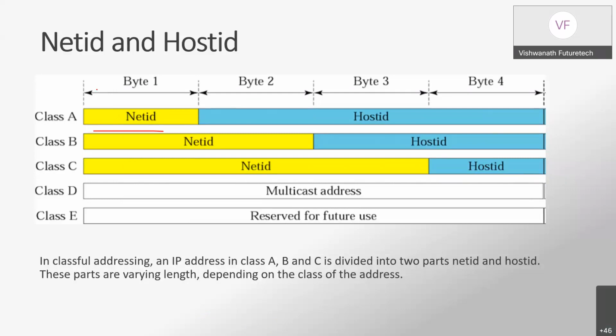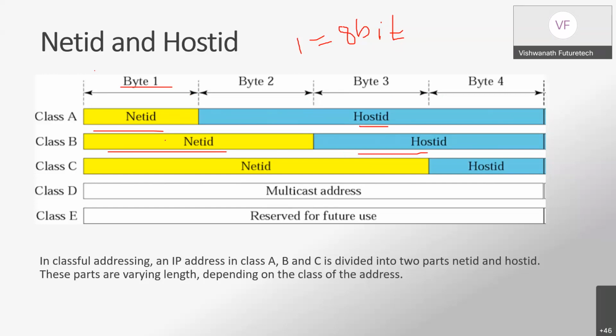Any IP address has 4 bytes, and 1 byte is equal to 8 bits. So class A says that the first byte is my network ID and the remaining 3 bytes are my host ID. Class B says that 2 bytes are my network ID and 2 bytes are my host ID.